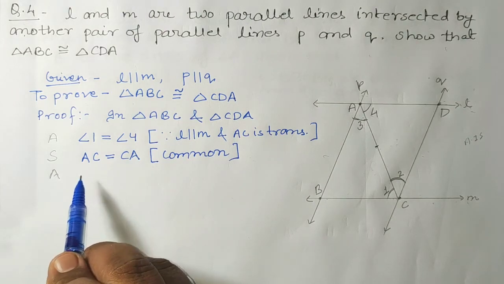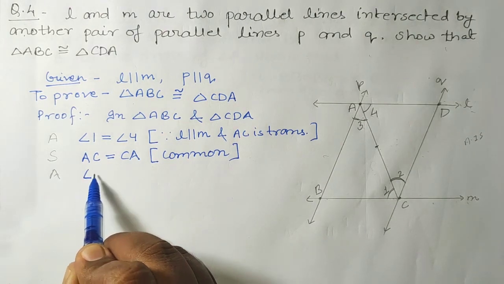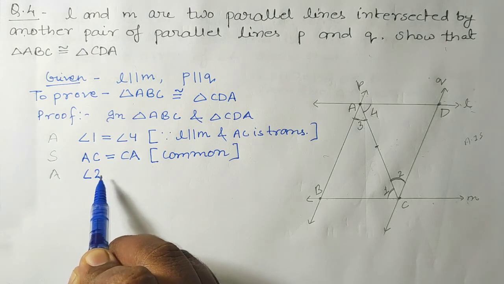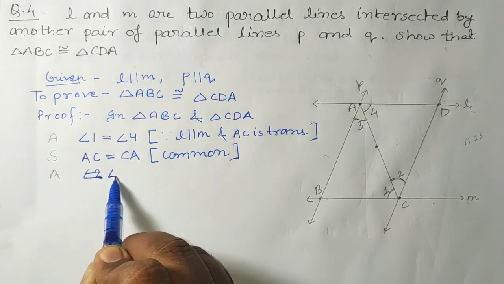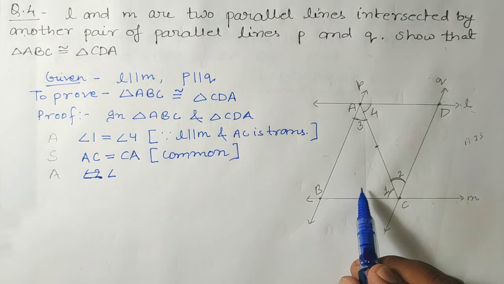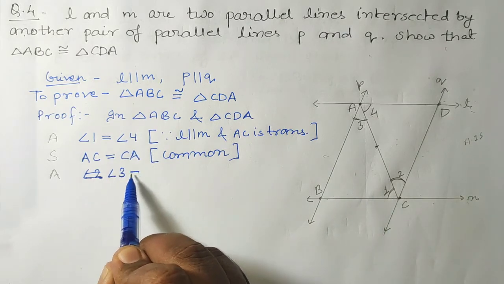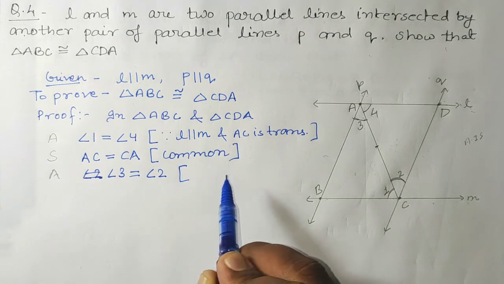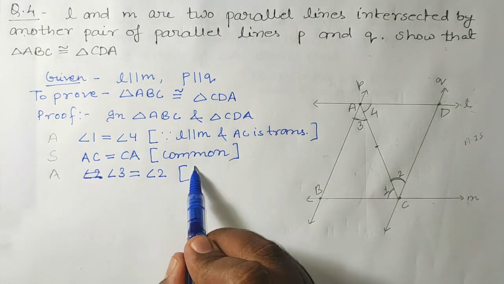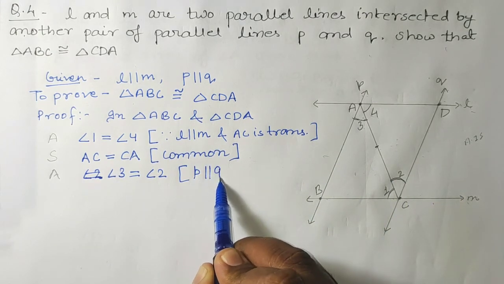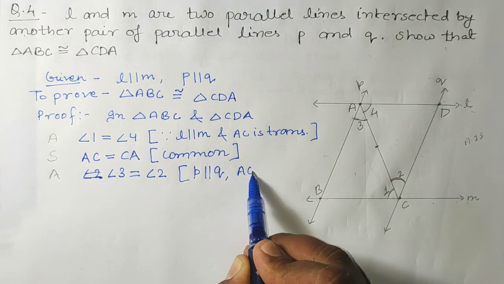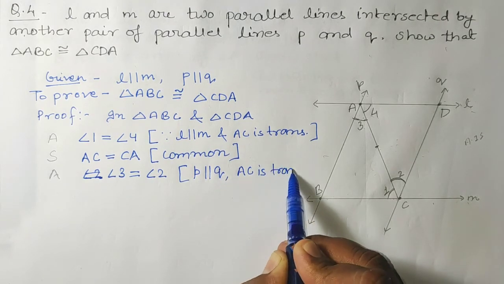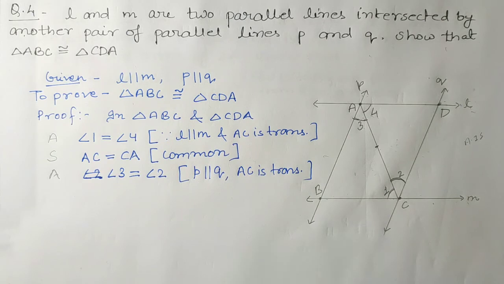After that we'll write another angle, angle 2 and angle 3. Firstly, on the left hand side we'll write the part of this triangle, so angle 3 is equal to angle 2. The reason is P is parallel to Q and AC is the transversal.